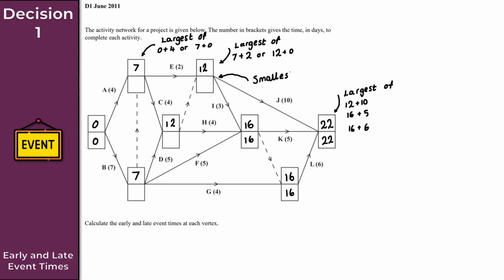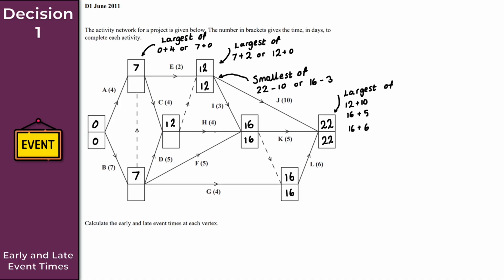So smallest of 22 minus 10, or 16 minus 3. And again, don't forget here, we always choose the smallest, right? So 22 minus 10 is 12, 16 minus 3 is 13. So we choose 12 there as the late event time.